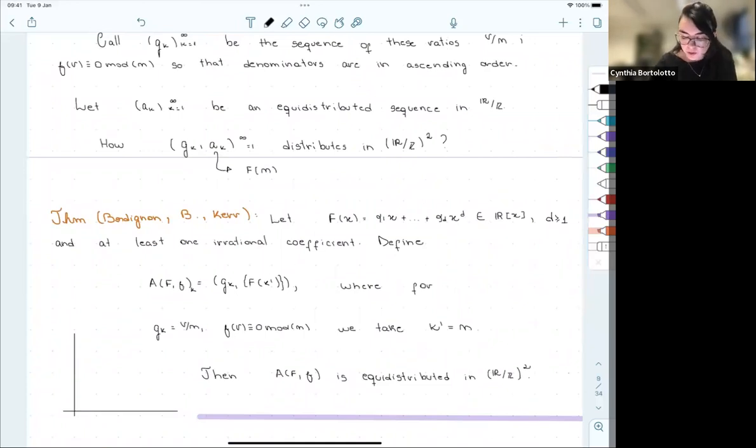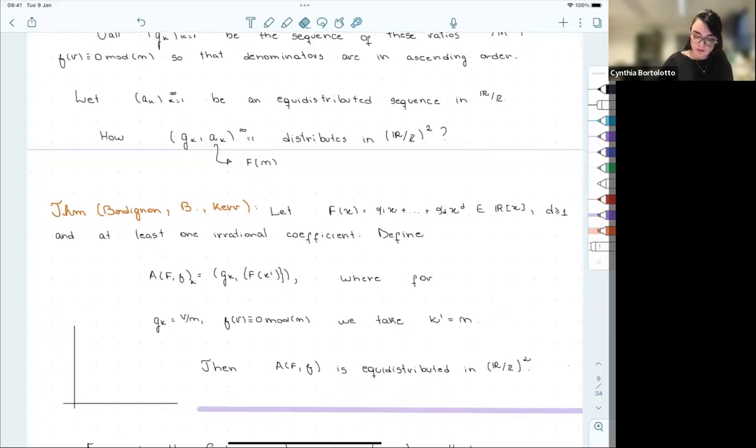Now we start with another polynomial with real coefficients, big F of x equals alpha_1 x plus up to alpha_d x to the d, and we suppose that d is at least 1. We suppose as well that at least one of the coefficients is irrational, because we know that this sequence F(n) is only equidistributed if one of the coefficients of this polynomial is irrational.